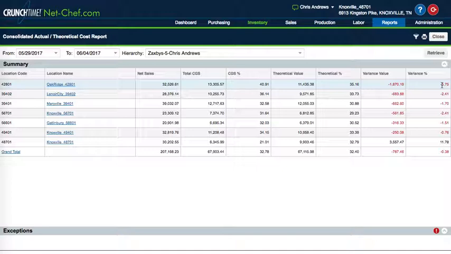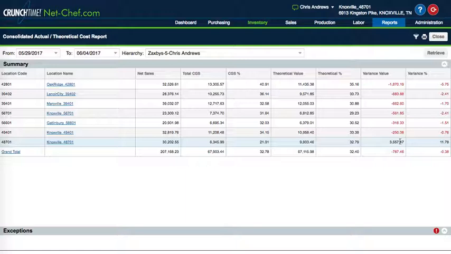We'll talk in a little bit about how to track that stuff down. You will notice on Bearden here they have a positive variance. That means that they grew product, so they have more product on their shelves than the system thinks. And if we're doing accurate counts, that should typically not be possible. Like I said, this is what I look at, and we're going to jump into Bearden's in a little bit so we can see exactly what happened with theirs.